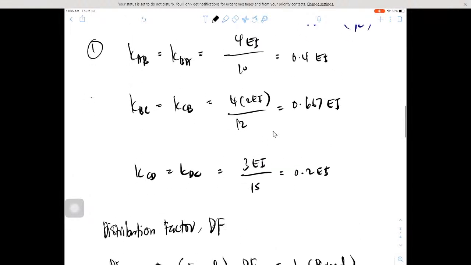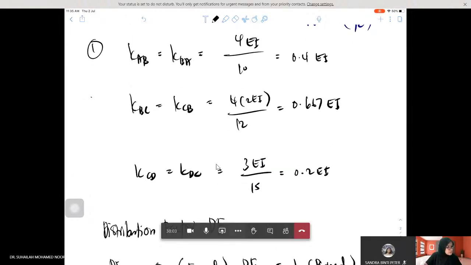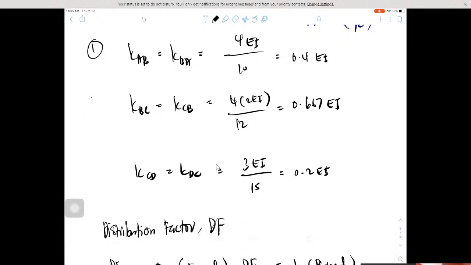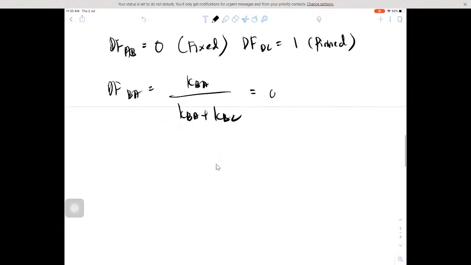It is 0.4 divided by the total, 0.4 plus 0.667. We get 0.375. EI will be cancelled.